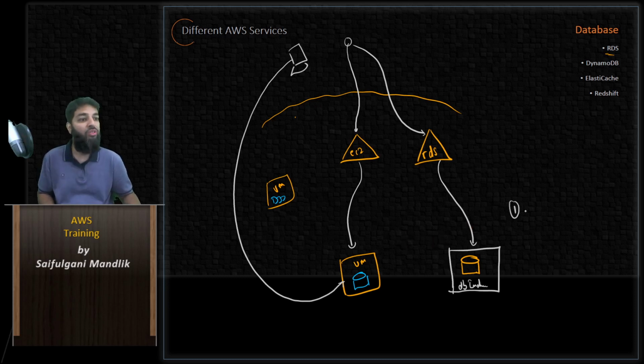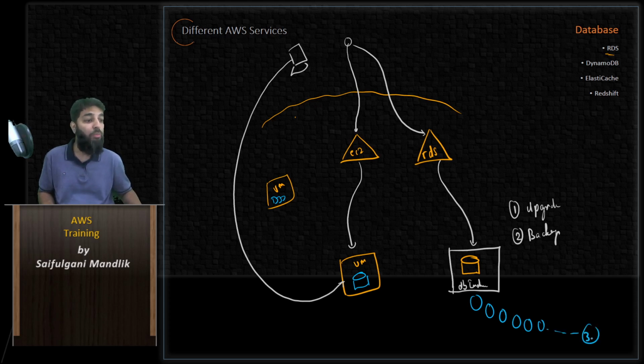So what are we saying? First is your upgrades will be automatically applied. Second is the backups. You can ask the RDS service to automatically take backups of your relational database. And you can ask it to take backups up till past 35 days. What can you do with these backups, by the way? In RDS terms, these backups are called as snapshots.